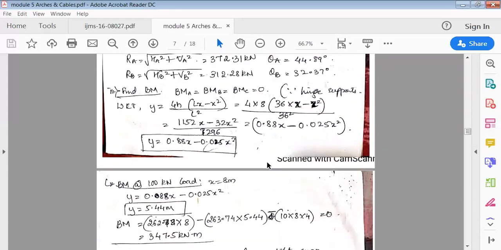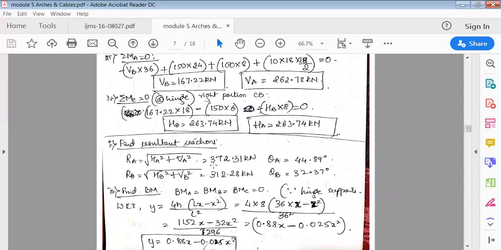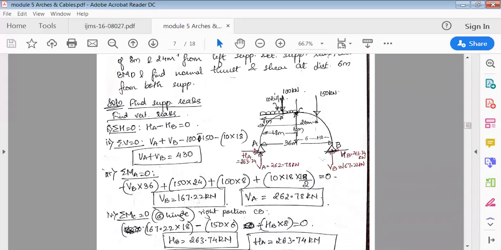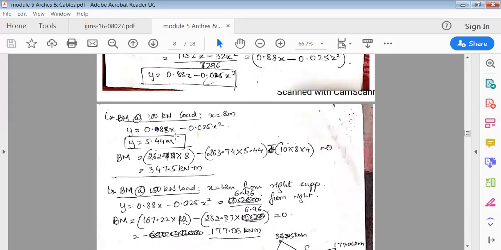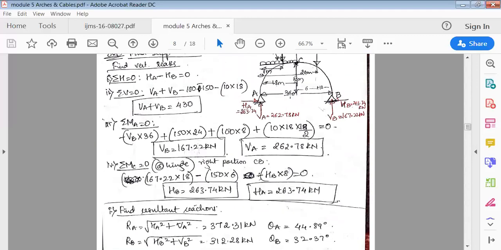Now we'll find the bending moment. Because these are point forces, we'll find the bending moment at the 100 kilonewton and 150 kilonewton loads. The 100 kilonewton load is acting at a distance of 8 meter, so x is 8.